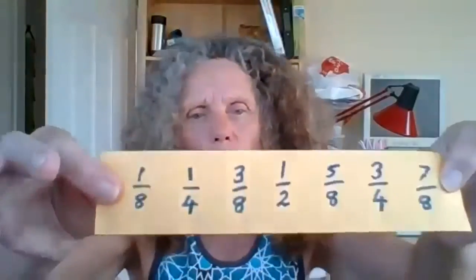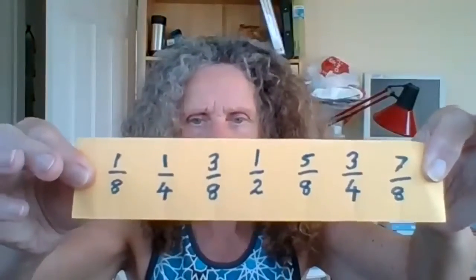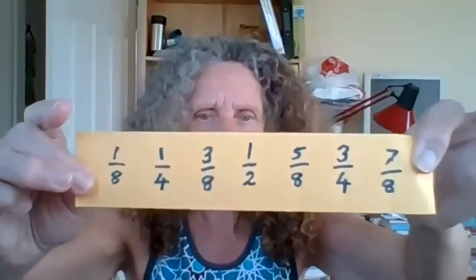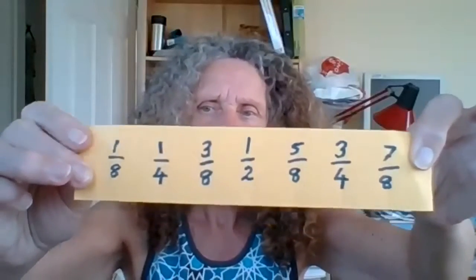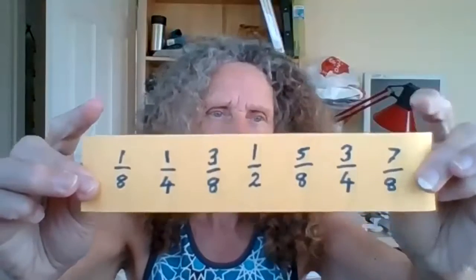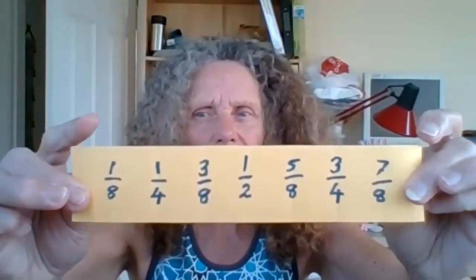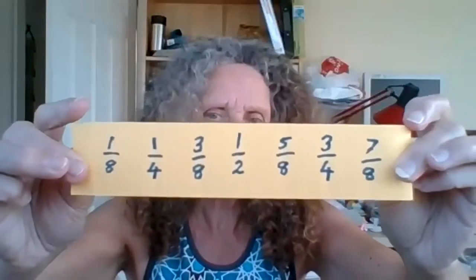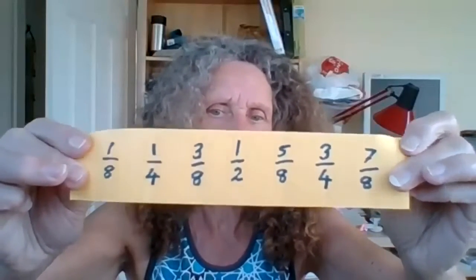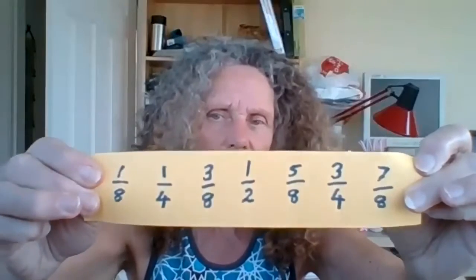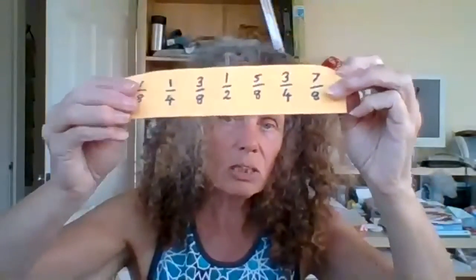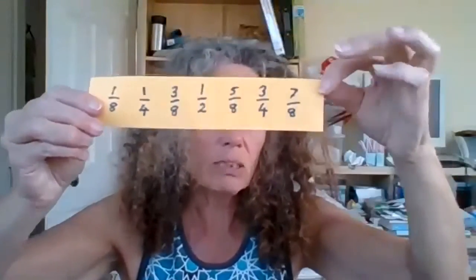But the thing about folding the strip is you can then mark it up to show an eighth, a quarter, 3/8, a half, etc. And this helps to reinforce the fact that fractions are quantities. They are numbers on number lines. And if we want to do arithmetic with fractions, it's actually quite important that people go from the bits of a whole to actually part of a number line, which obviously then extends.